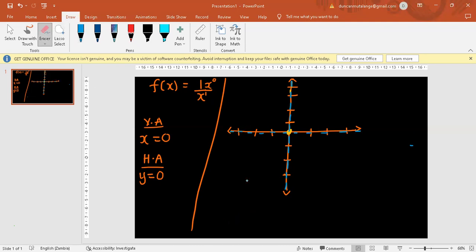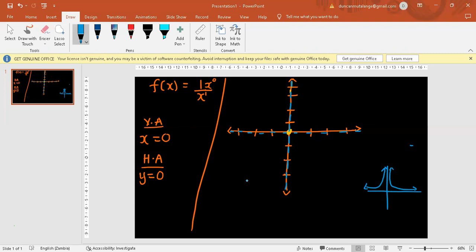So remember, I told you that the rational function is either going to be like this, or it's going to be like this, or like this, or like this.